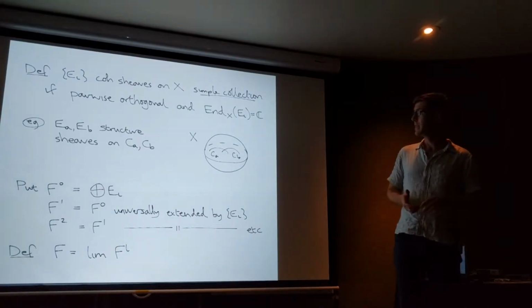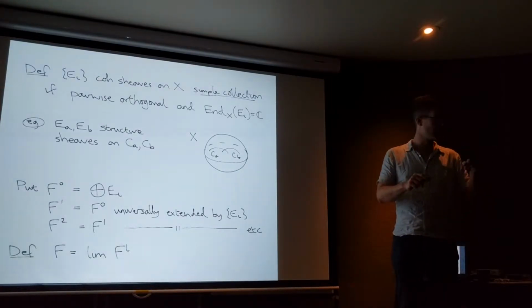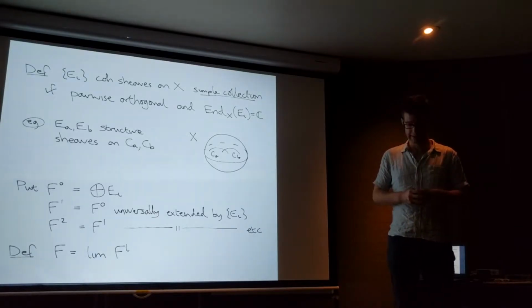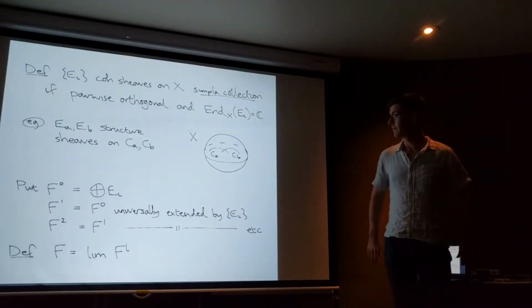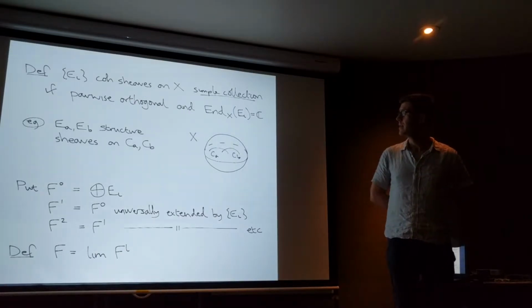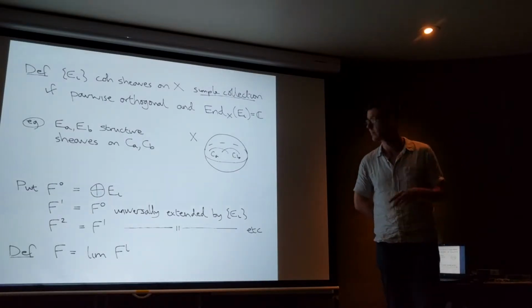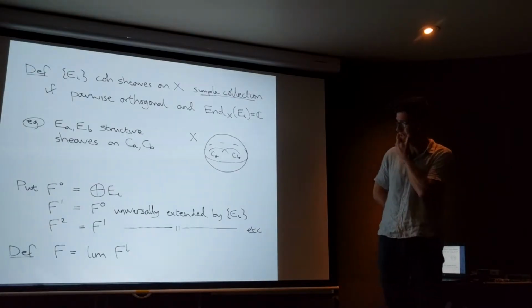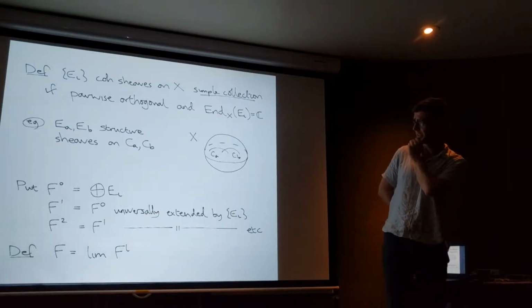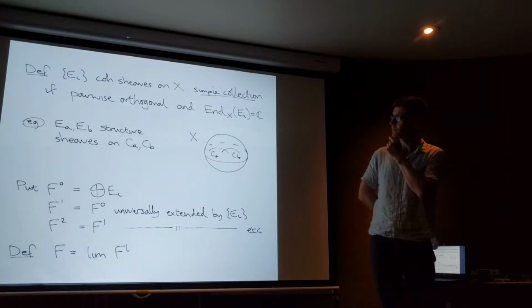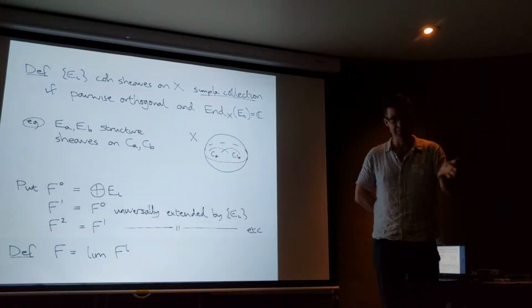So for instance, let's take the structure sheaves on these 2 curves, consider them as torsion sheaves on the threefold, and then those are pairwise orthogonal because they are torsion, and they have scalar endomorphisms because they are compact. So this is an example, EA and EB.